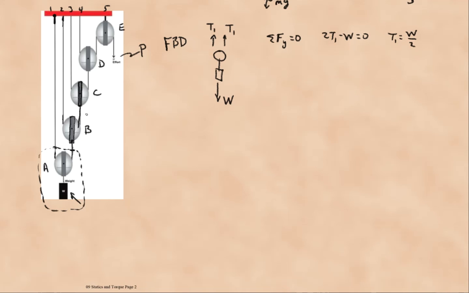Let's look at the next pulley. Free body diagram for the next pulley. There's a rope attached to the pulley itself, and that's rope number 1. The other 2 ropes are what I've called rope number 2. Continuing the process.